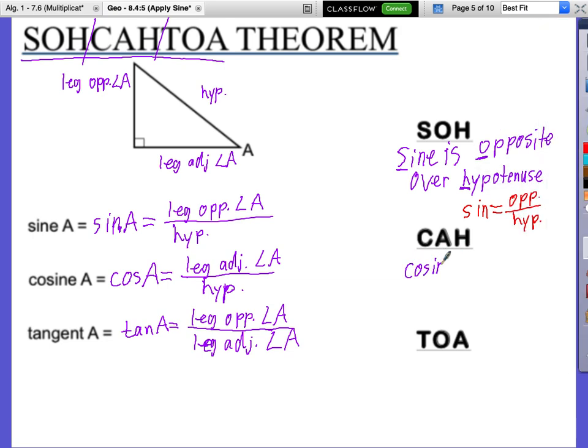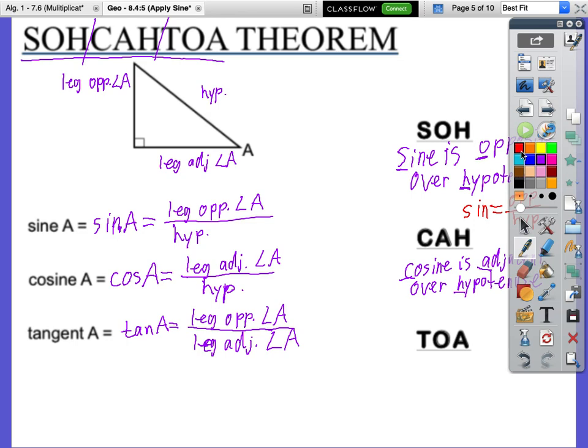Cosine is adjacent over hypotenuse. So where do we think the C is in this? Cosine. Where's the A? And the H? Hypotenuse. So in the red, I'm going to write this again here.